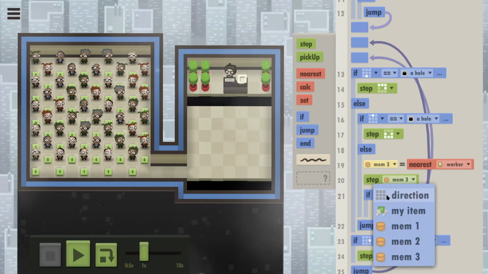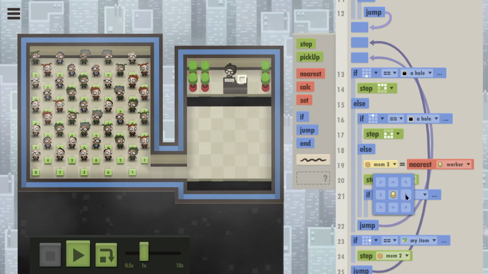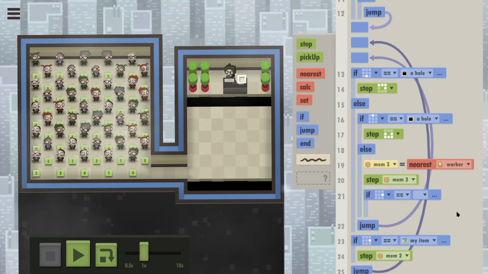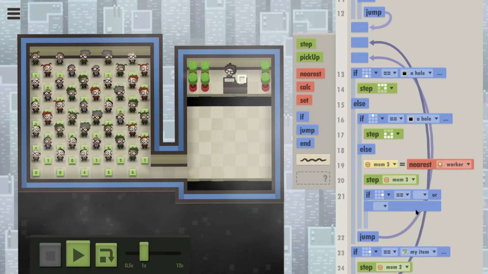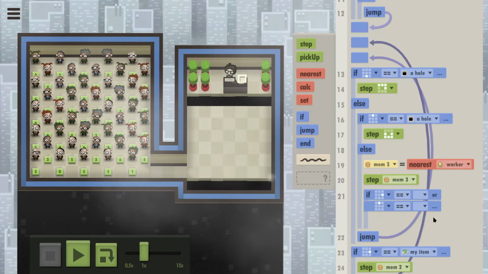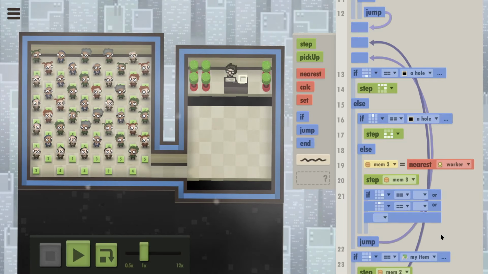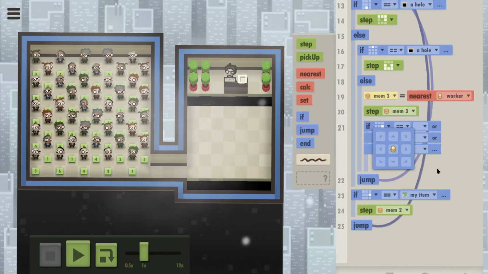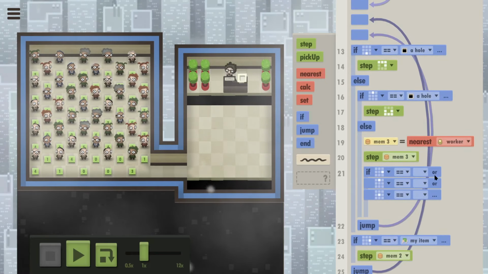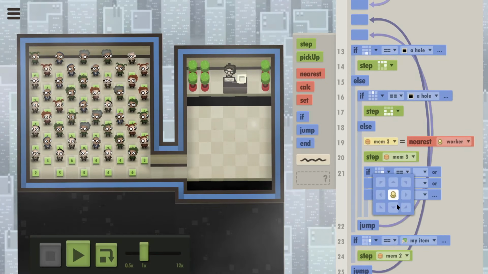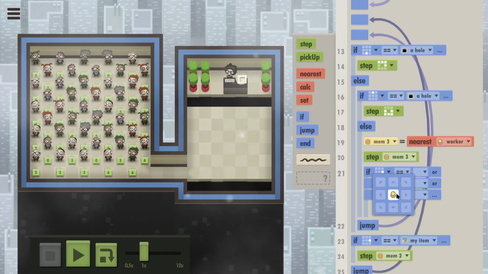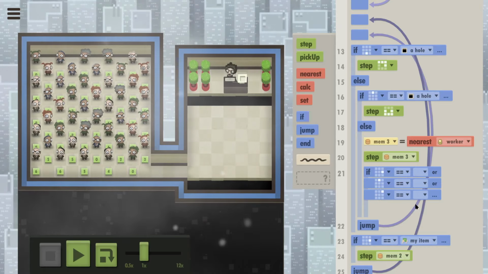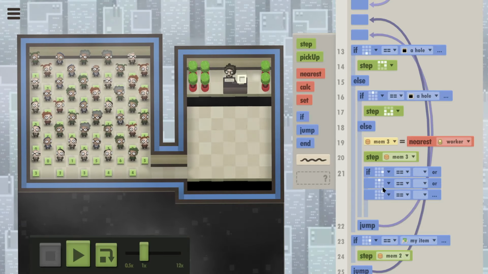This is going to be where it's weird. If this direction or this direction or this direction. We only want one side of everything.